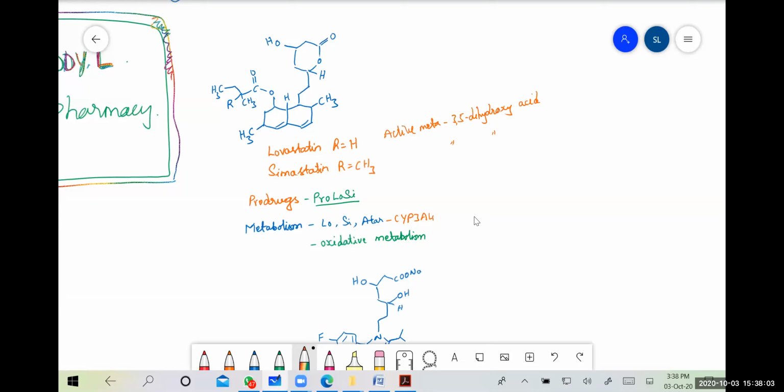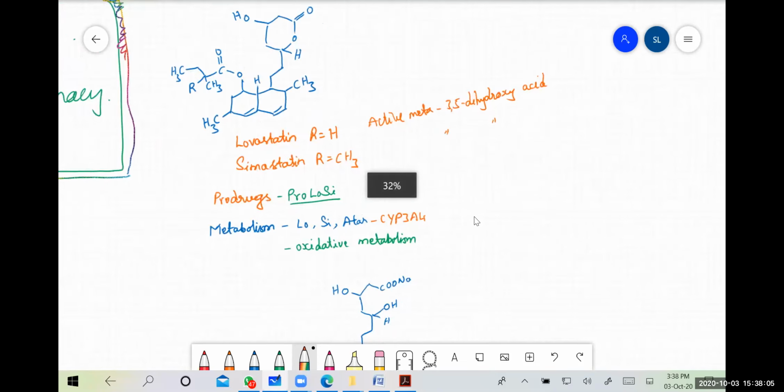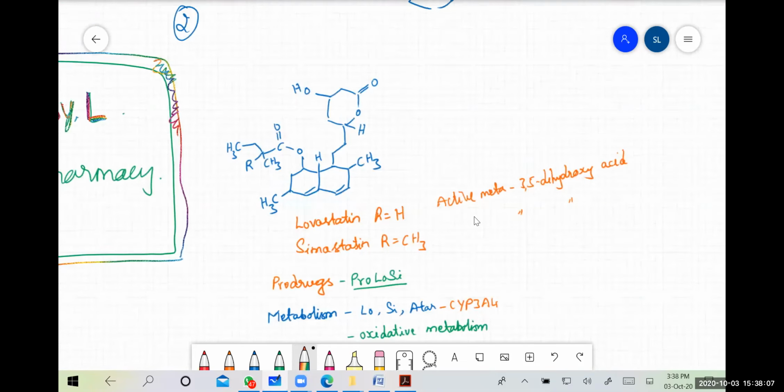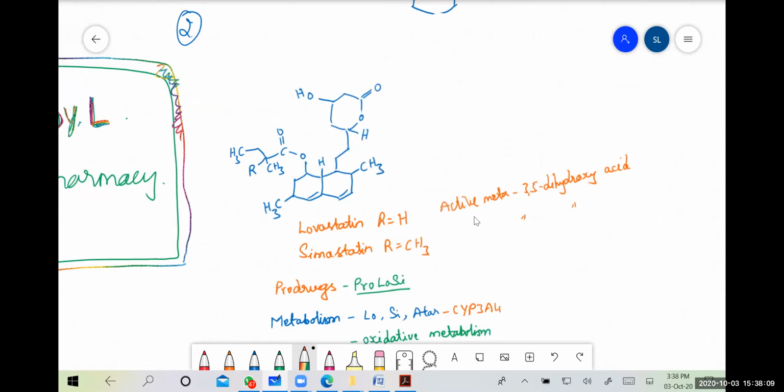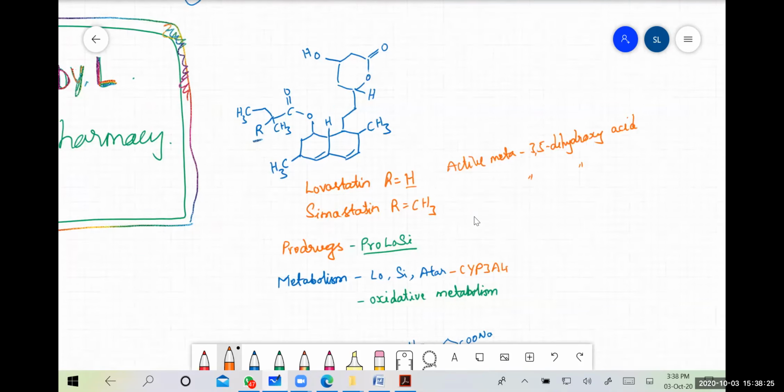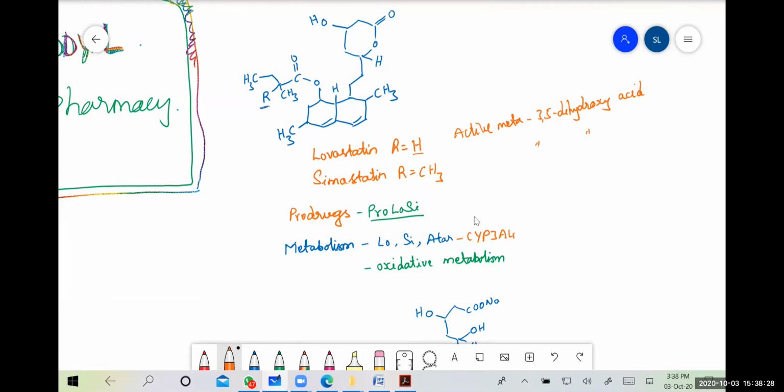So this is the structure of lovastatin. If here the R is substituted with H, then it is lovastatin, and if R is equal to CH3, then it is simvastatin. And remember both the drugs.